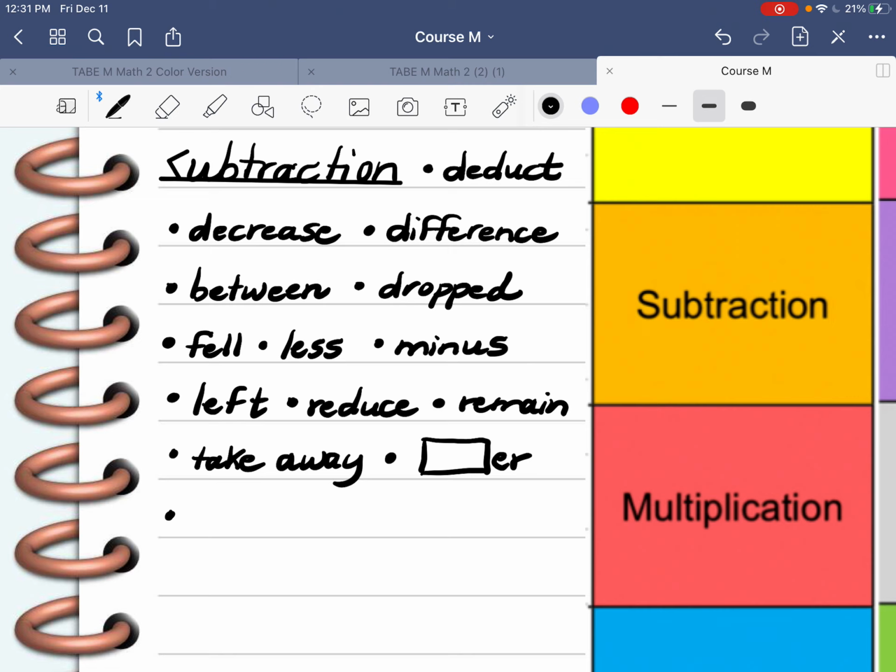And then this is probably one of the most important ones. How much more? Those three words together are going to indicate subtraction.